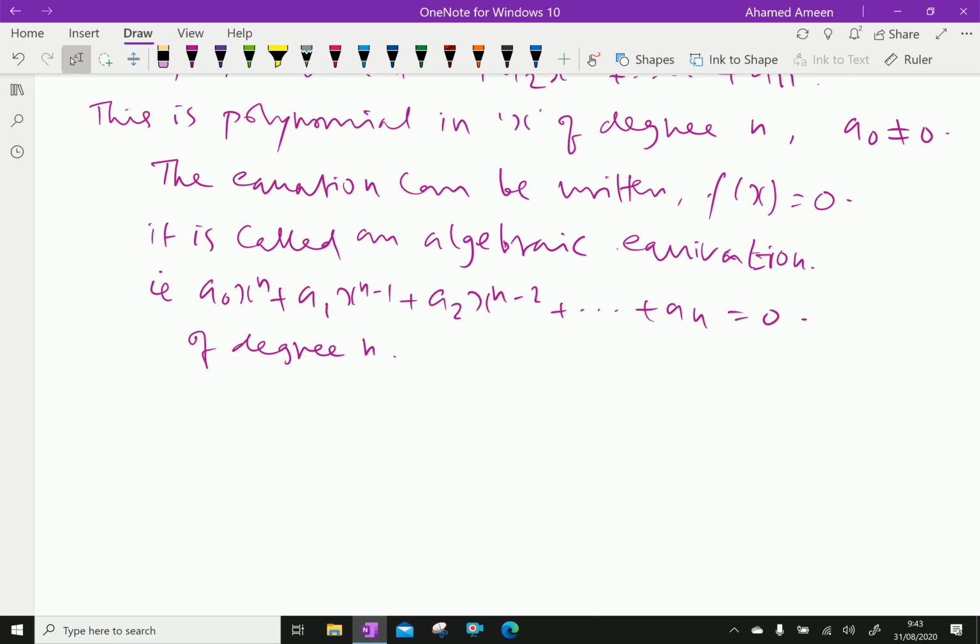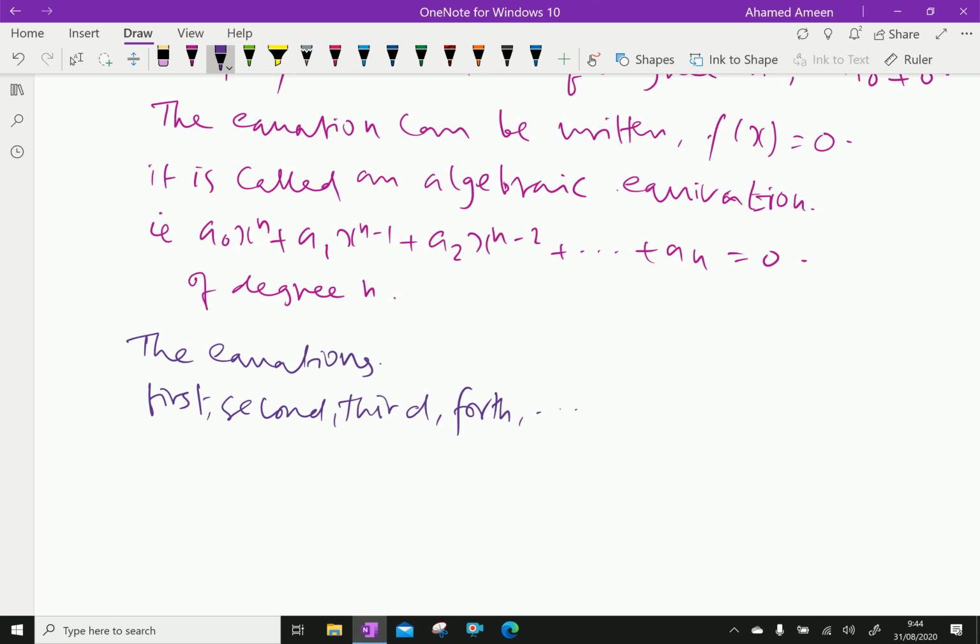Here the equations of first, second, third, fourth degree are known as linear.